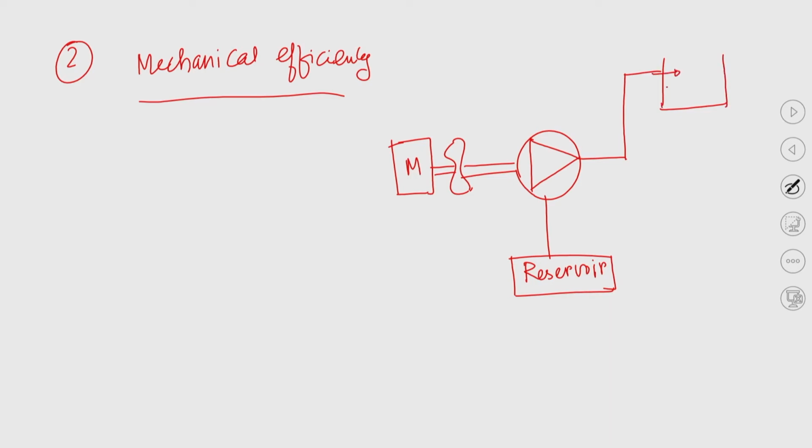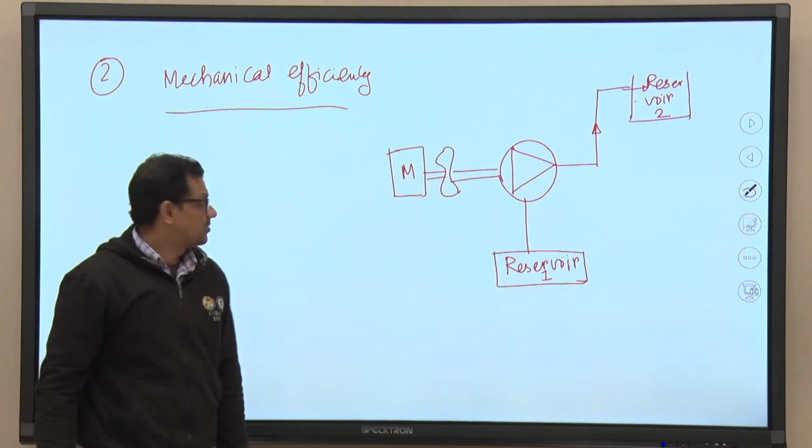So, this is reservoir 1, this is reservoir 2, right. This is the schematic diagram.